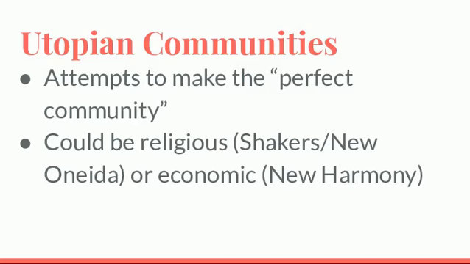Now, in a perfect community, oftentimes they're religious, but they could also be economic communities. So I want to give you one example. If you guys heard about recently the horrific things that happened in Mexico over the last couple of days, the 9 people who were ambushed and killed, they were in a utopian community of FLDS members.